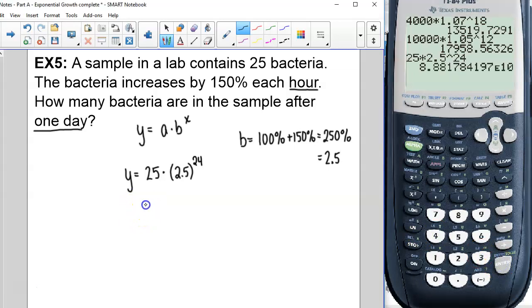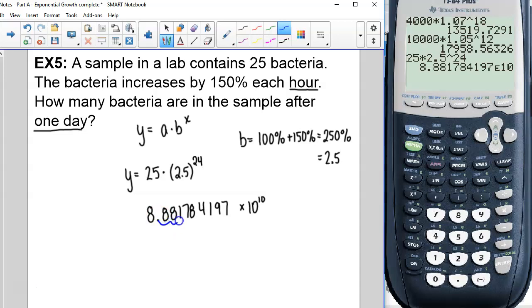Okay. All right, so this is scientific notation. So you got 8.881784197, and this is times 10 to the 10th power here. So with scientific notation, that means we've got to move the decimal 10 places to the right.